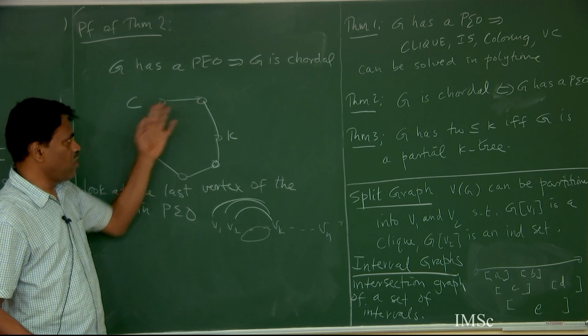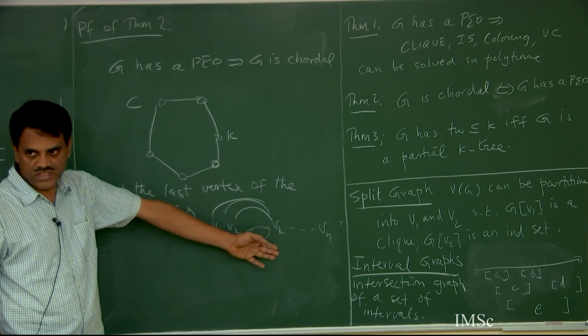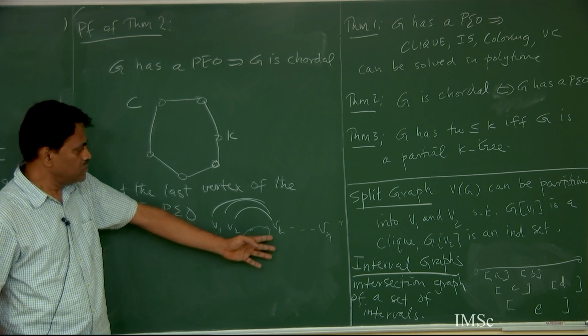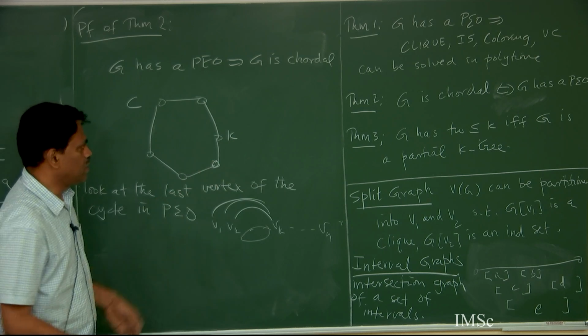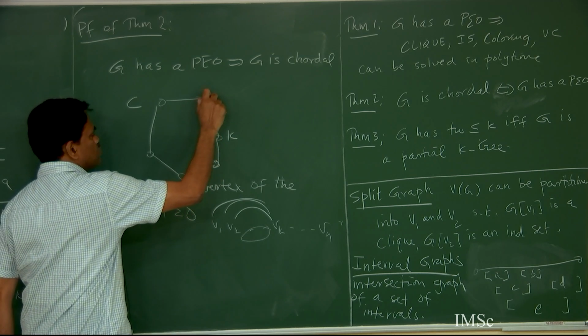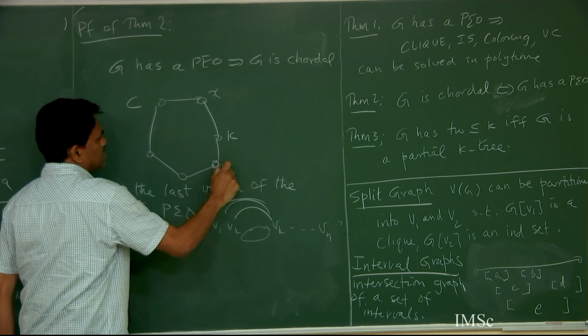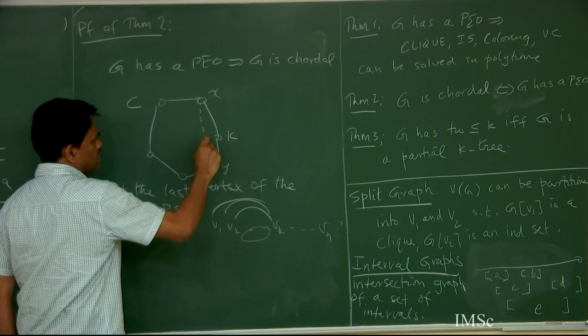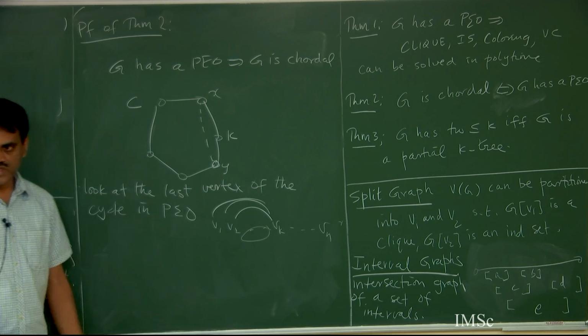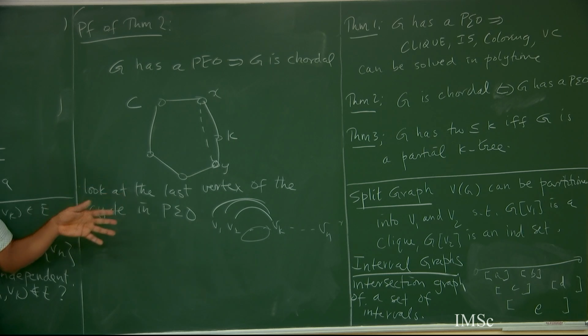All the vertices of the cycle are before it, because this is the last vertex of the cycle here. So they should form a clique. But the neighbors of k are, here is one neighbor, here is another neighbor. So there should be an edge. Okay, so you cannot have an induced cycle without a chord.